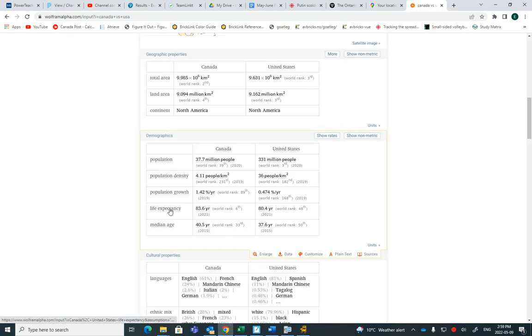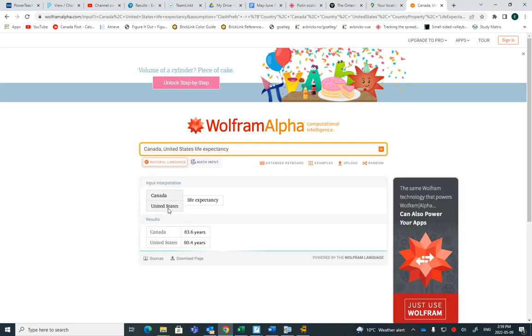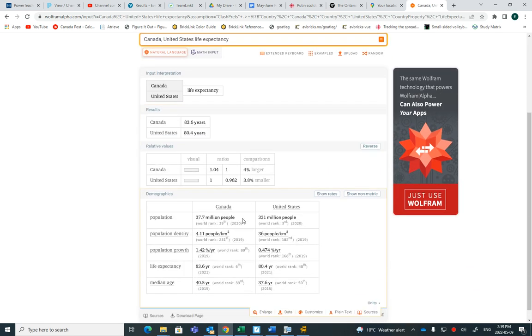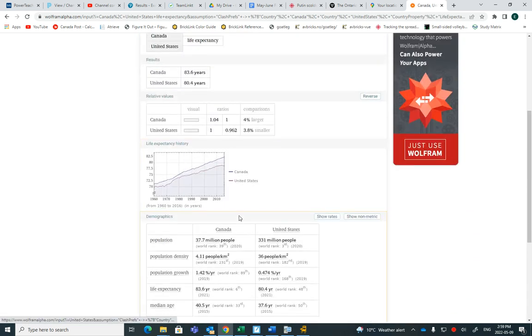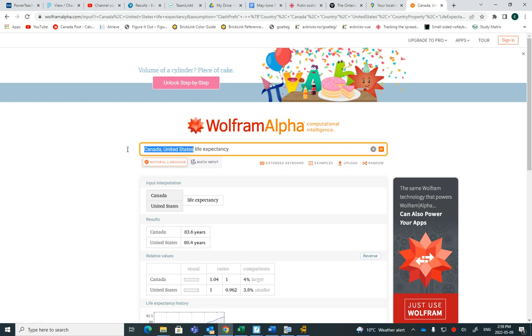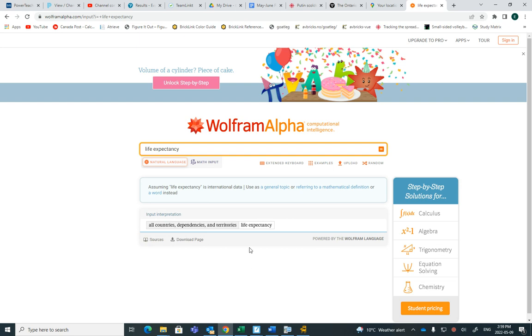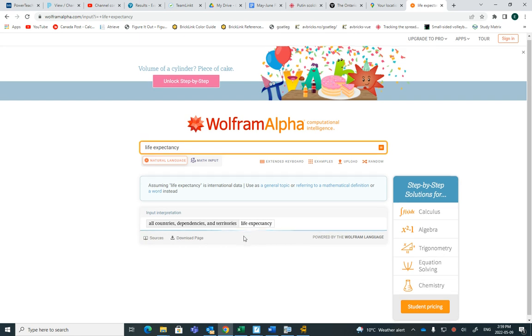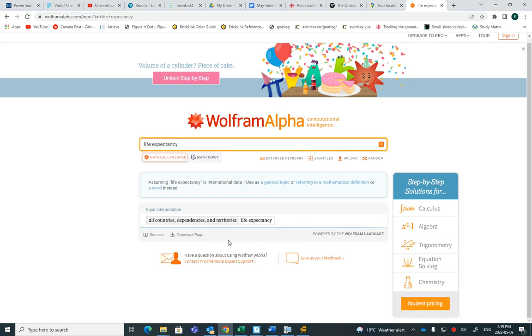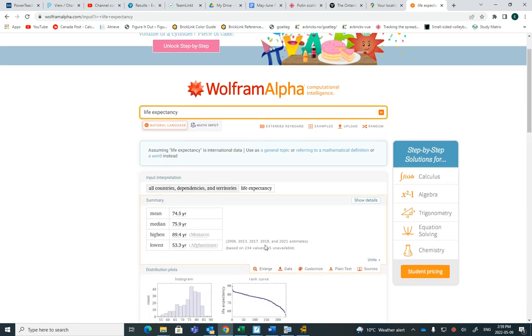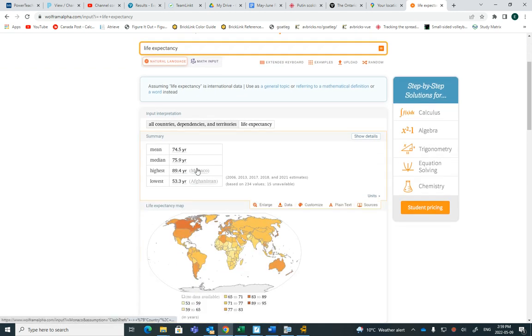What's the best life expectancy? Well, if we click on life expectancy within here, there we go. Highest is Monaco. That's where I'm going to move. Apparently, it's really cheap to live there.